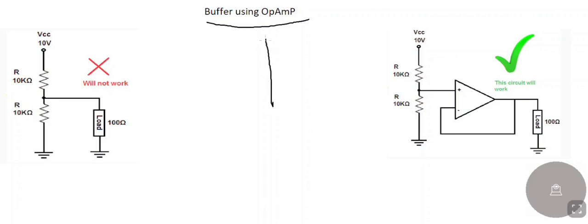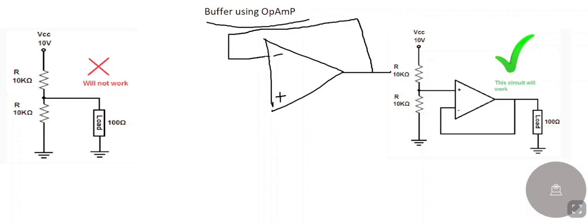So I will simply draw an op amp circuit where I have two terminals, positive and negative terminal, and the output is connected to the inverting input. Here I will apply a voltage at the positive terminal, Vin, let's say it is V1 and this is V2.